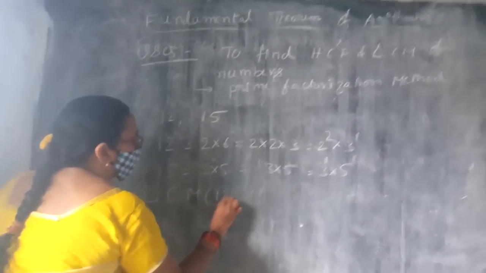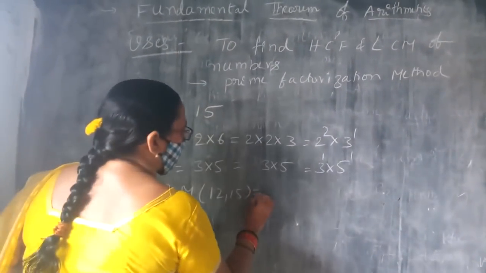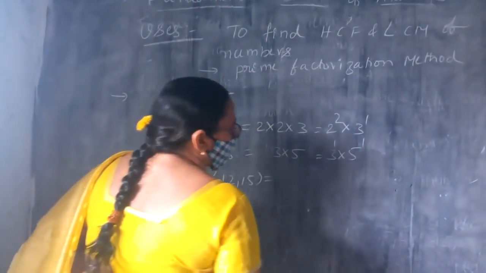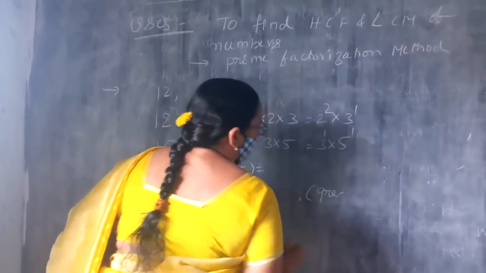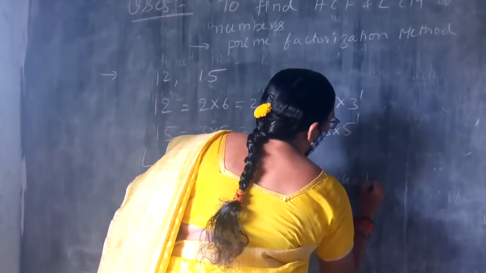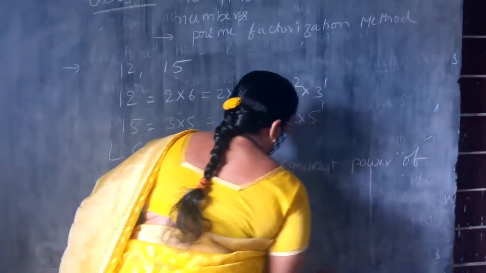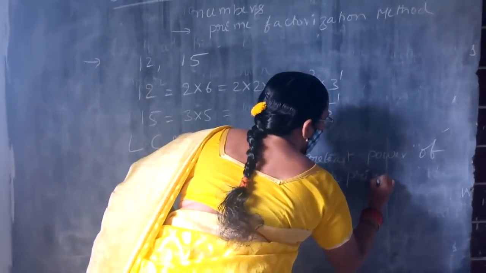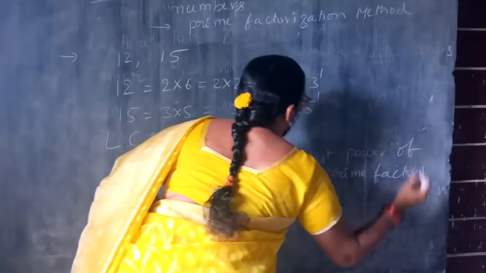Now we find the LCM of 12 and 15. What is the rule for the LCM? LCM means the greatest power of each prime factor.